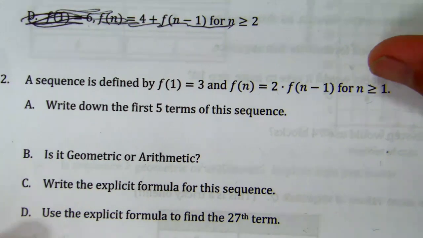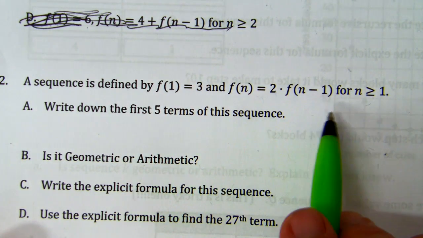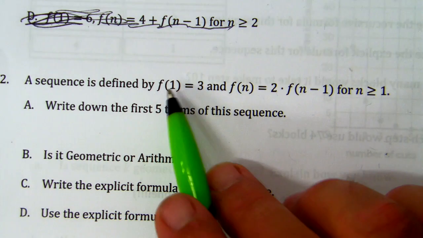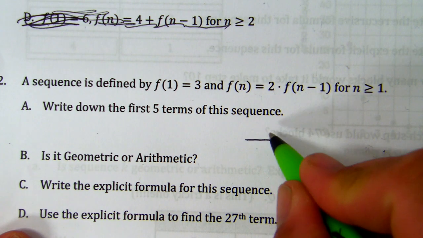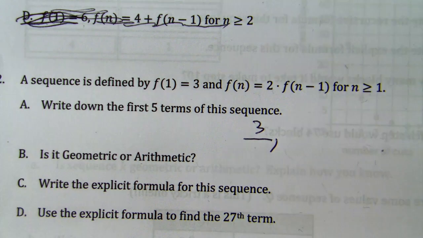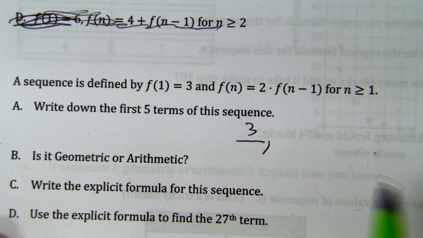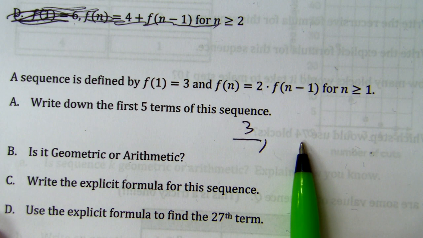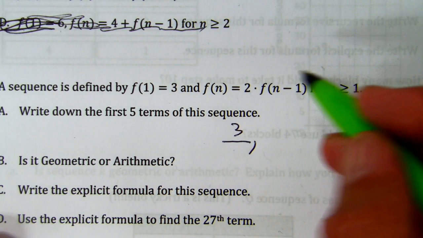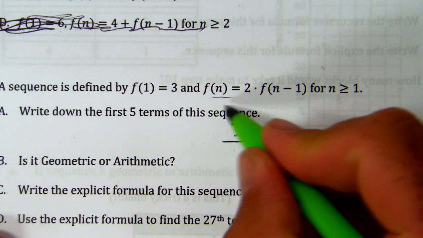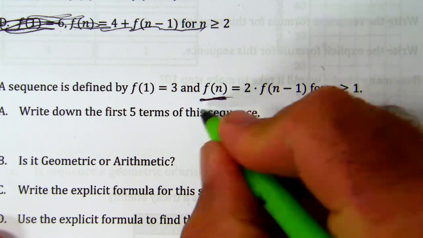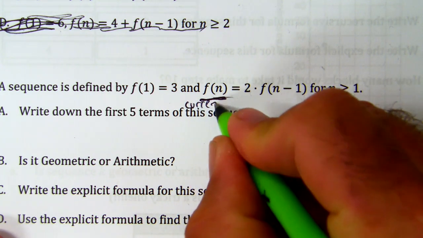Number 2, same thing. Write down the first 5 terms of the sequence. A little different. They tell you the first term is 3, and then I have to decide, how do I get the next one? And once again, how do I interpret this mathematical language? This means current term.